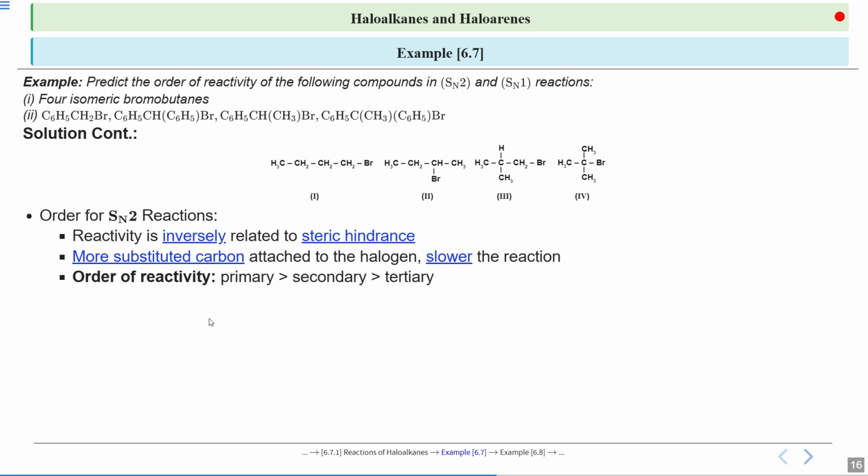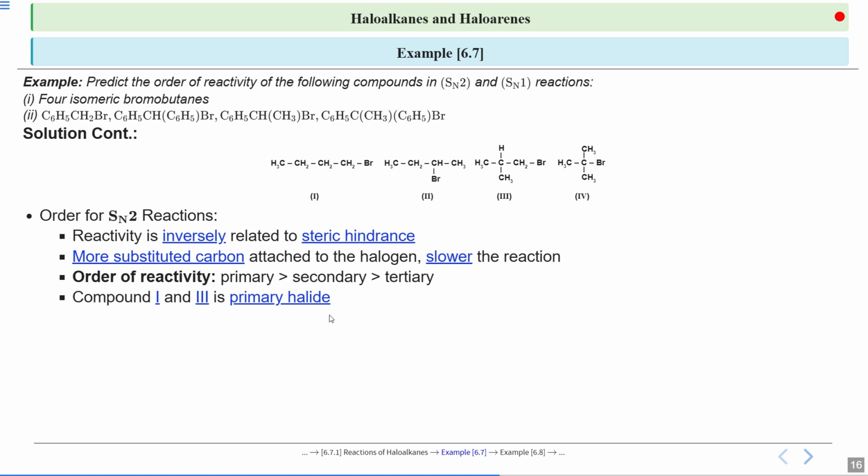So the order of reactivity in the SN2 reaction is: primary halides are most reactive, then secondary halides, and least reactive will be tertiary halides, because tertiary halides contain a more substituted carbon attached to the halogen. If you see these 4 isomeric bromobutanes, the 1st and 3rd are primary halides because bromine is attached to one carbon and that carbon is attached to one other carbon.